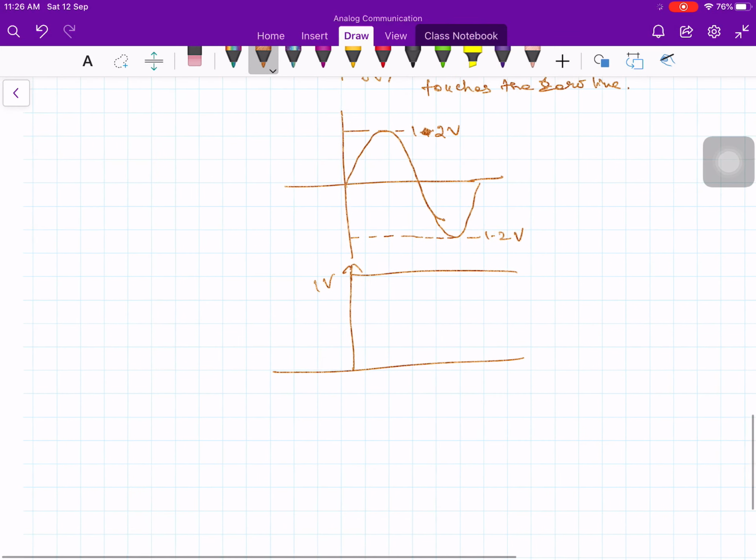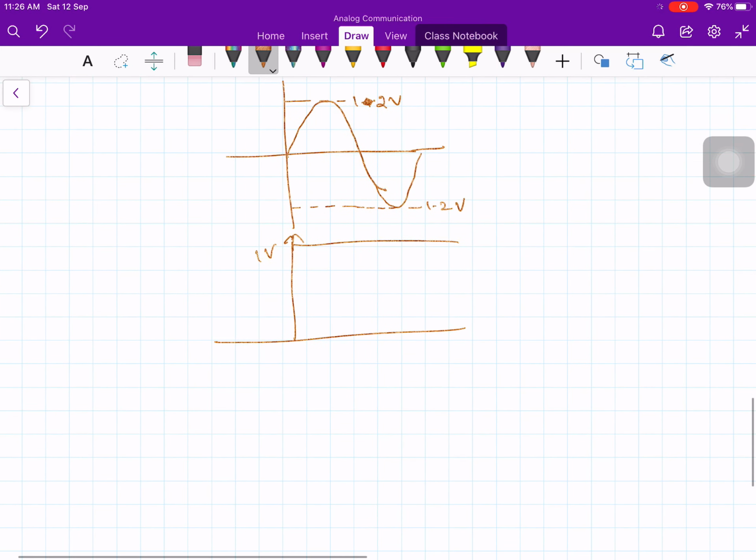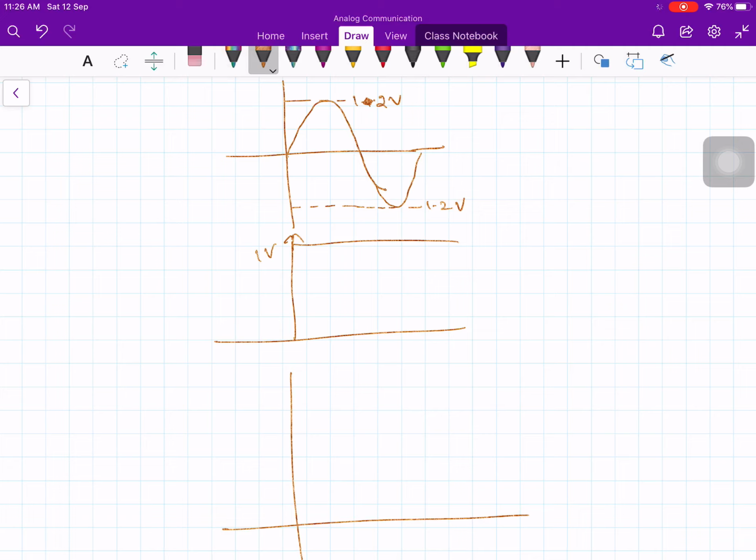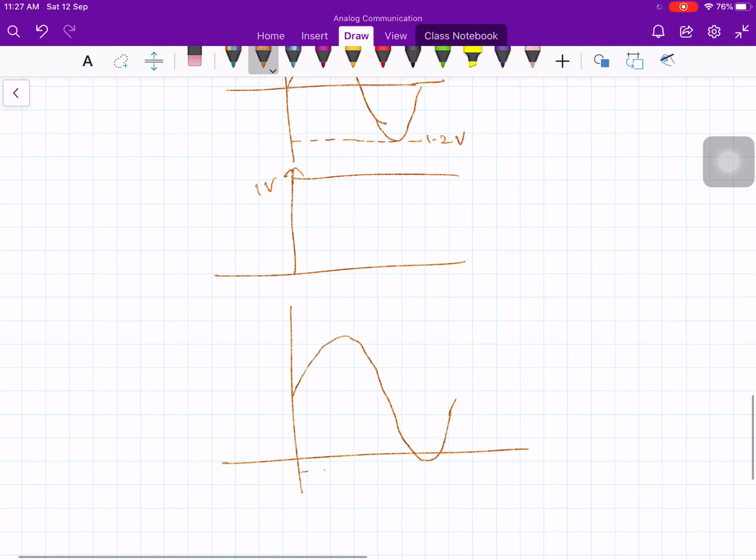If you add these two, let me compress. Okay, so it becomes 2.2 volts and like this. So minus 0.2, there is a 0 crossing, so this point is a 0 crossing.